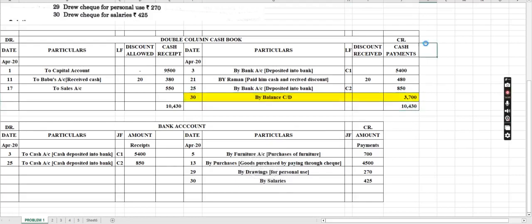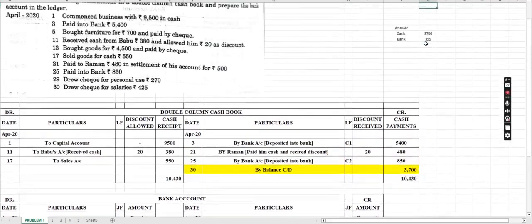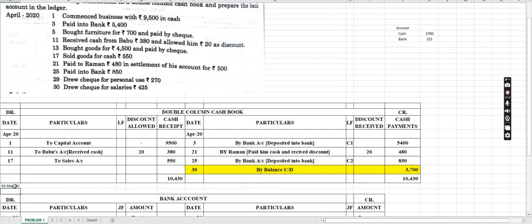I will highlight that here in yellow. So here can we see what is the answer? 3,700 rupees. The same will be recorded here on 1st May 2020. What is the thing? To balance brought down, the same amount, that is from here we will be taking 3,700 rupees.